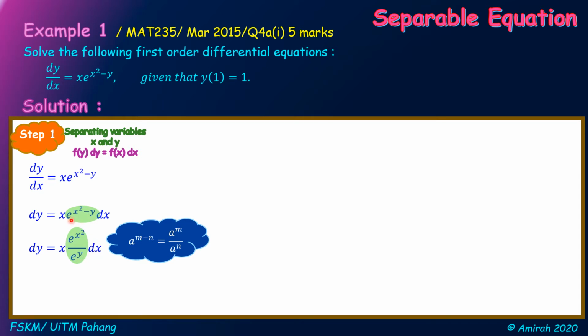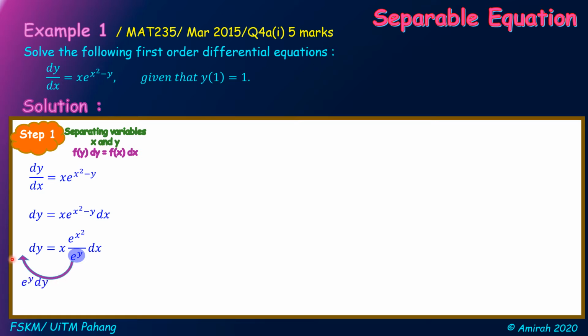Then we move e the power of y to left hand side, so we have e the power of y dy, which is multiplication, equals x e the power of x squared dx.